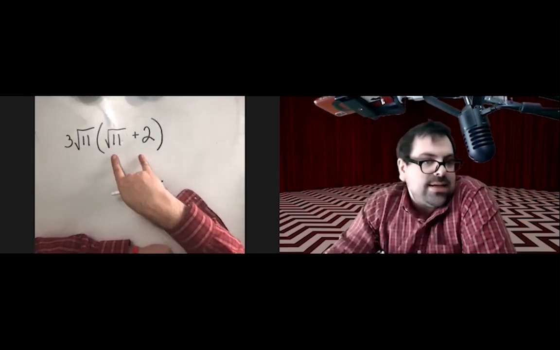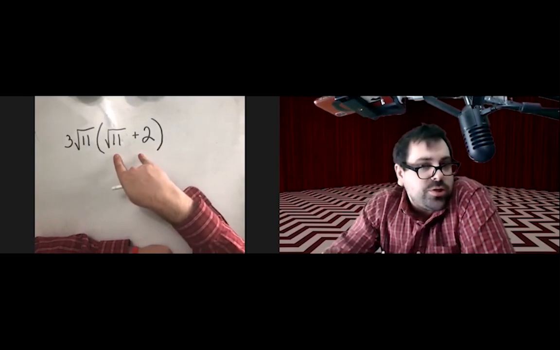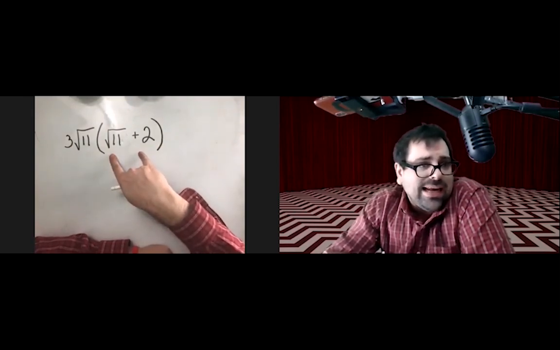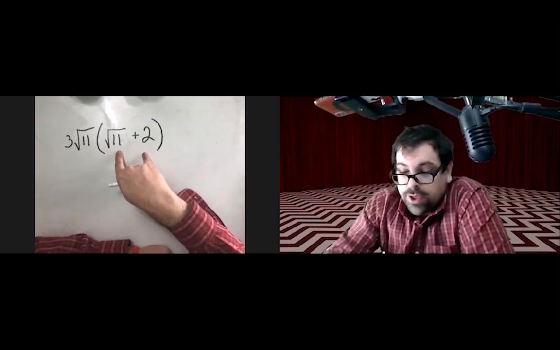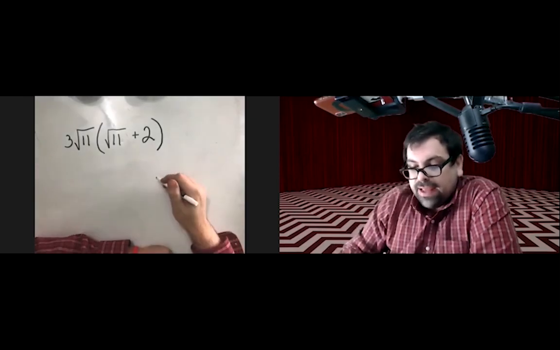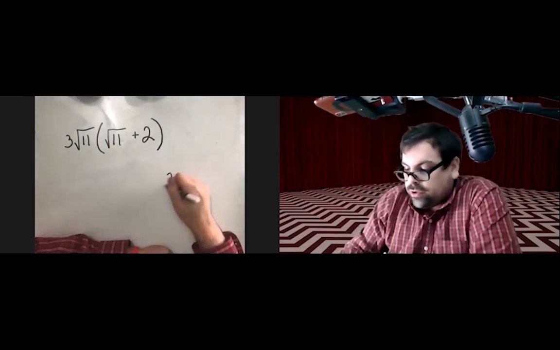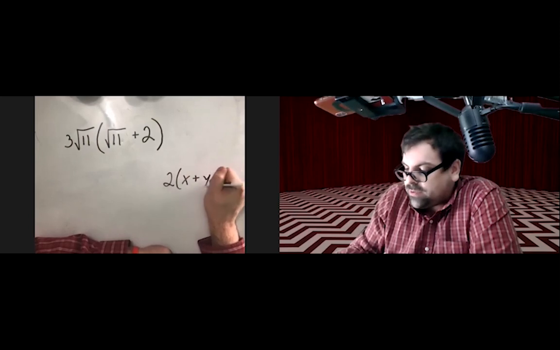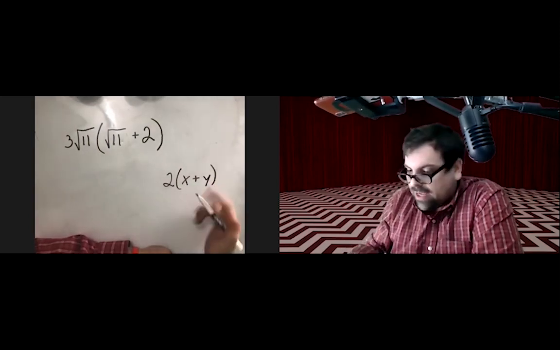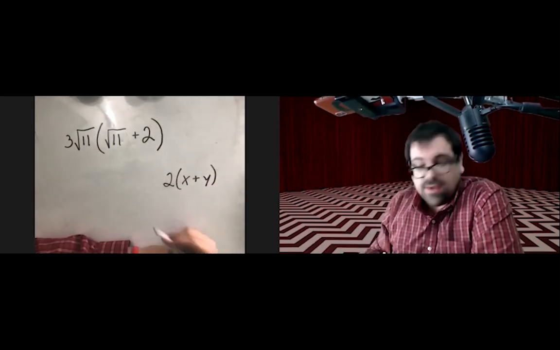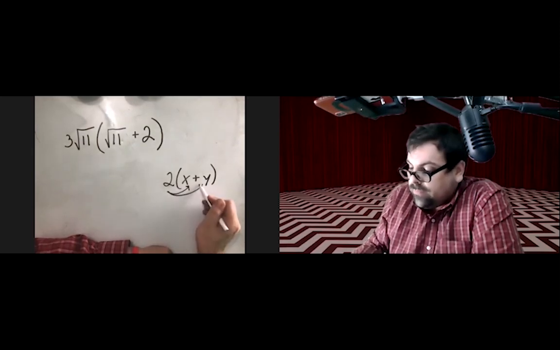Well, we can't add together radical 11 plus 2. They are not like radicals, so we can't add them. And there's no way to simplify them to be able to combine them in any way. But what do we do if we had 2 times x plus y? We can't add x plus y, but we need to get rid of the parentheses. How do we do that? We distribute.